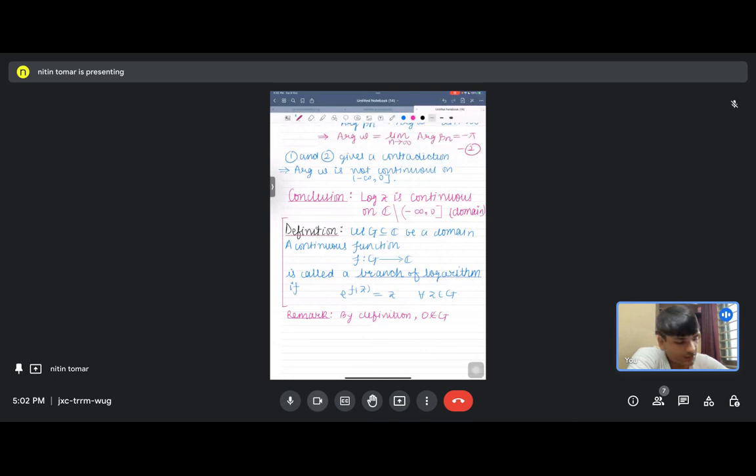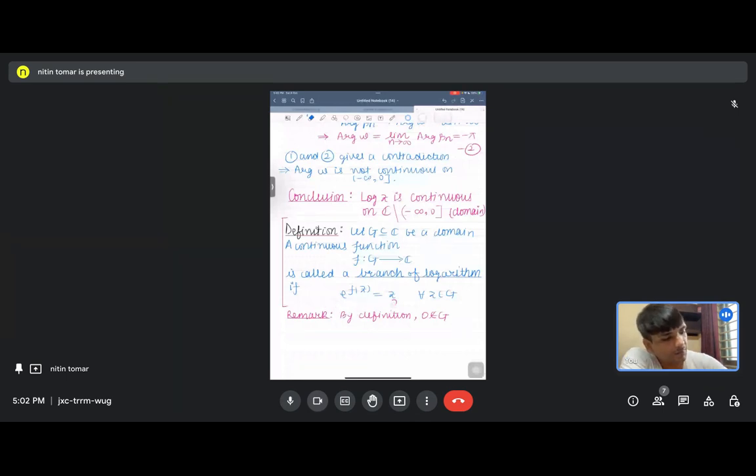Because if 0 is in G, what does it mean? But we know exponential can never take value 0. So by the very definition, the domain should not contain 0.